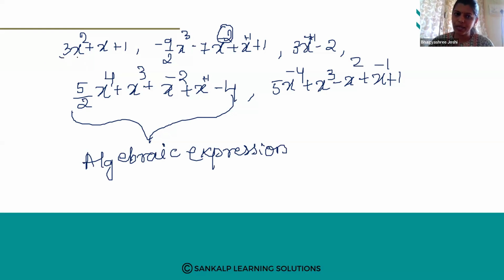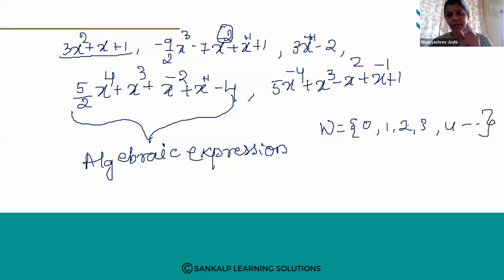In the case of polynomials, we have only positive exponents. That means the variable power is a whole number. See, whole numbers: W is equal to 0, 1, 2, 3, 4. These are all whole numbers, right? So in the set of whole numbers, we observe only positive values.